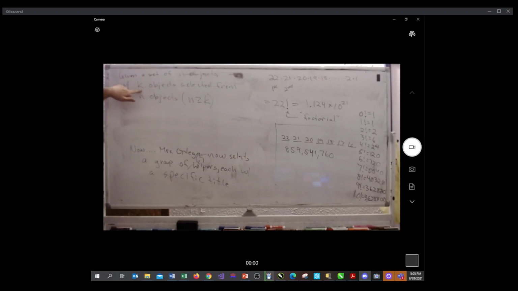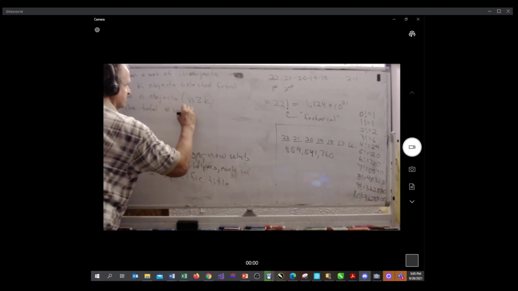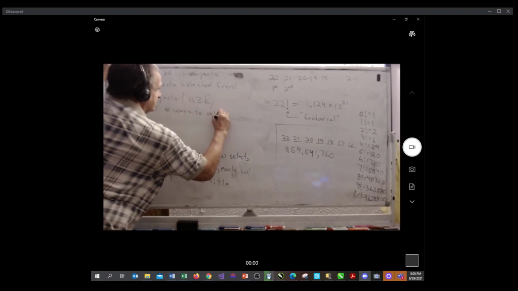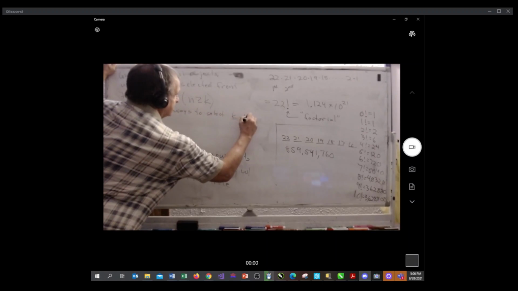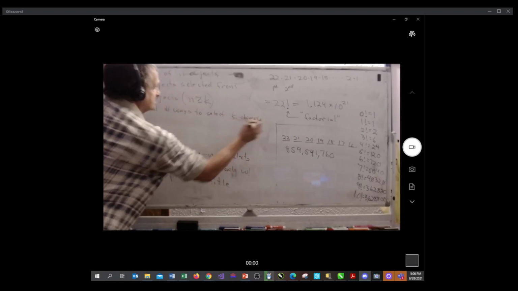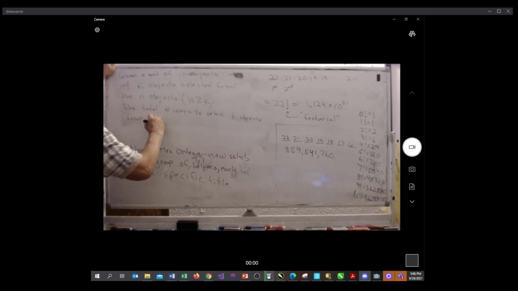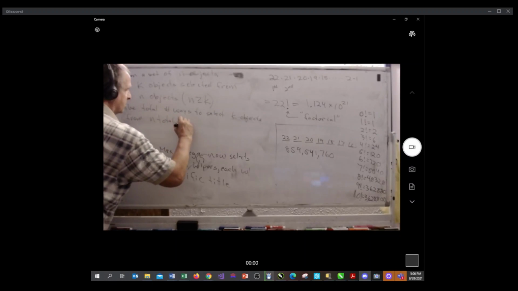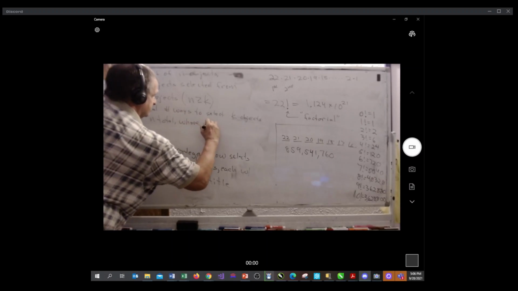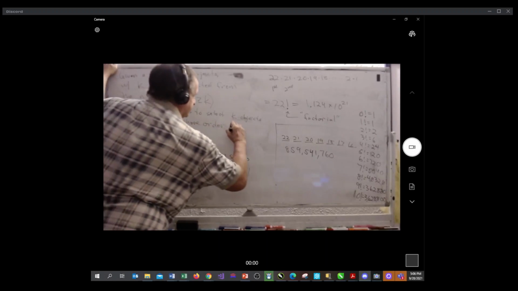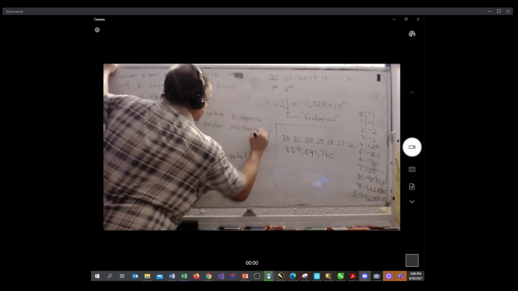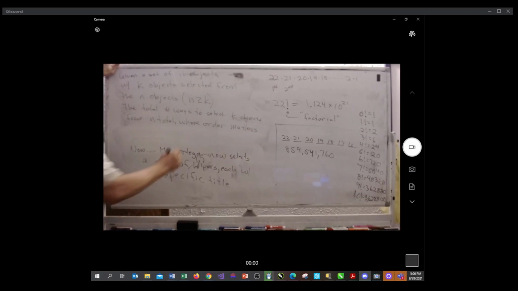You can't select more objects than what you got, right? So the total number of ways to select the k objects from n total, where order matters. And that's really important. Order matters. Okay?